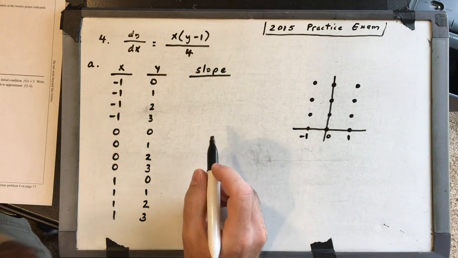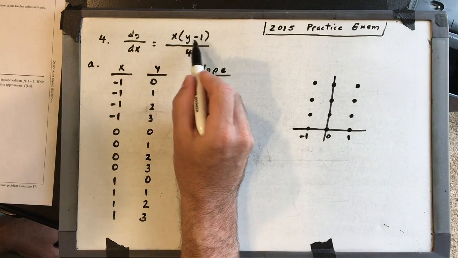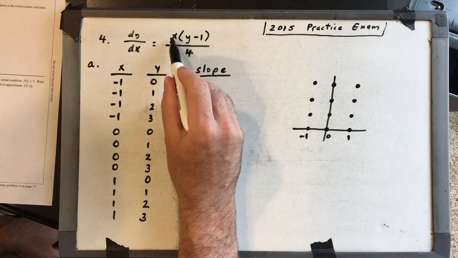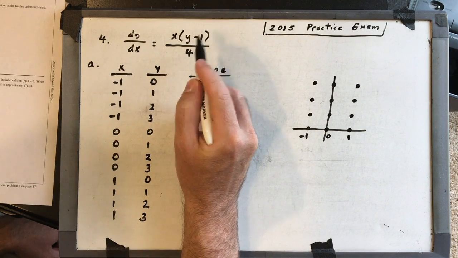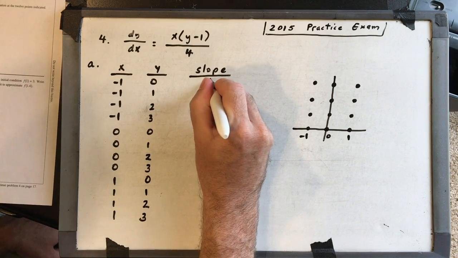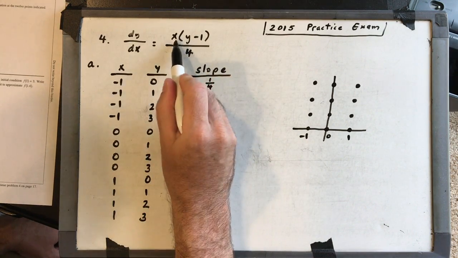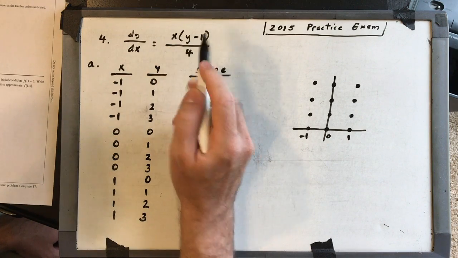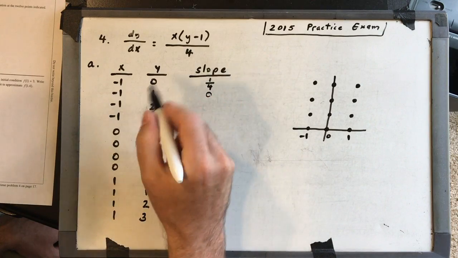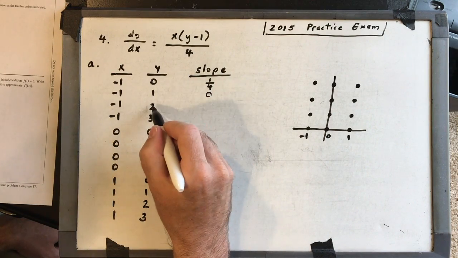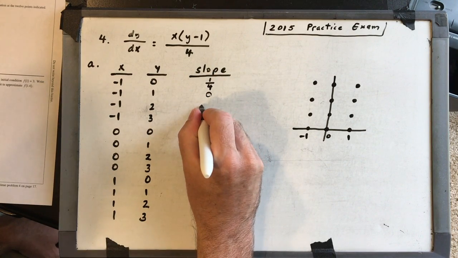All right, so when x is -1 and y is 0, that'd be -1 times -1 over 4, so that'd be 1/4. So x is -1, y is 1, that's going to be 0. When x is -1 and y is 2, that's going to be -1/4.